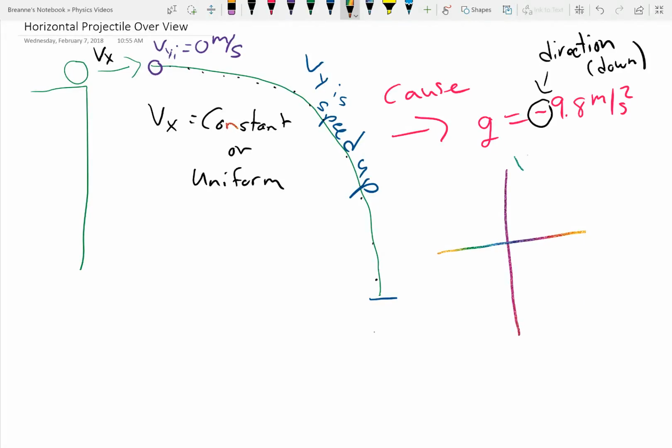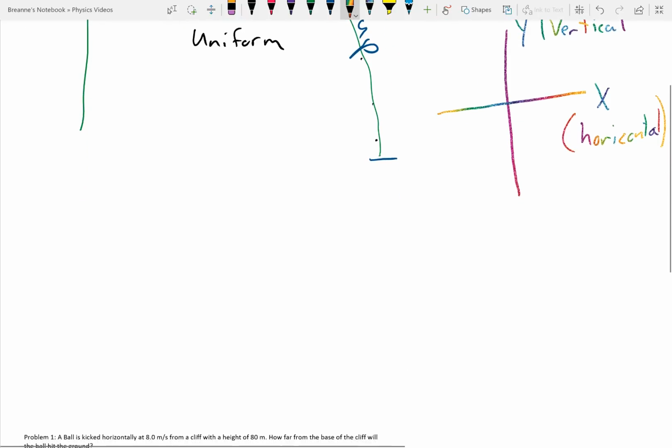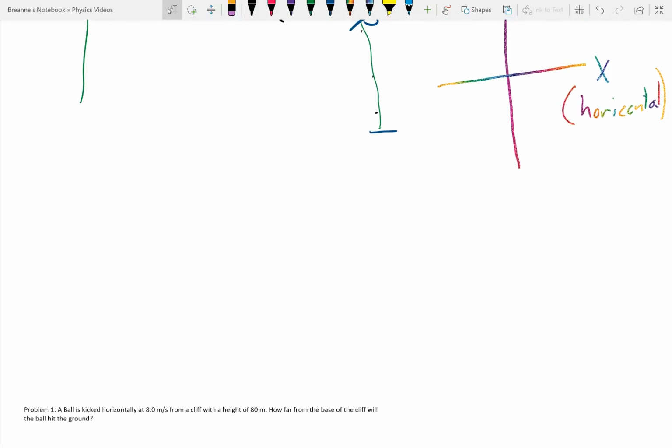The y-axis: anything going up and down is your y direction. Anything going left and right is your x direction. So y is vertical, x is horizontal.